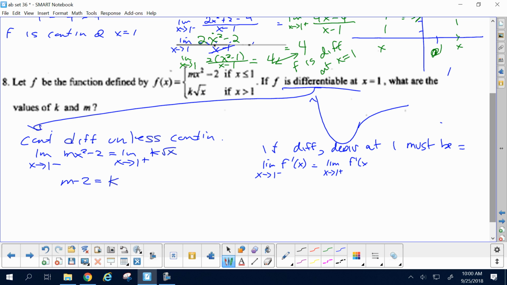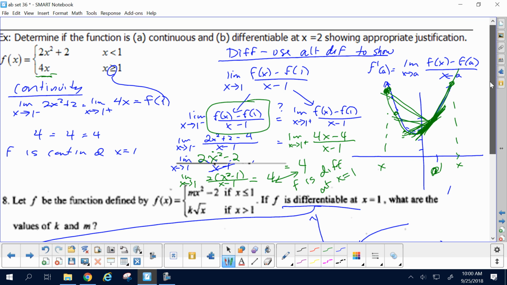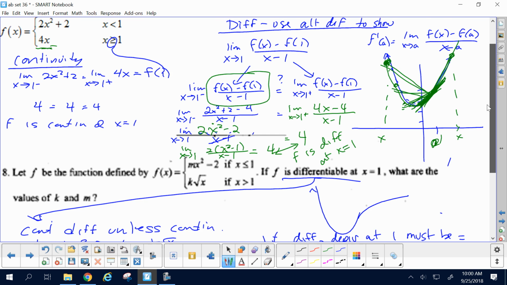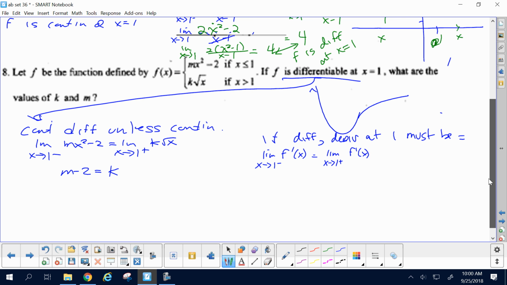The slopes must match at 1, which is to say the derivatives must match at 1. Now you might say, well, don't you have to do this alternate definition stuff? And the answer is no. Only if you had to prove it, or it says show justification, then yes, the alternate definition is all that work. But if it's just a find m, find k, or multiple choice question, then gosh, you can start to use a little bit of derivative rules.